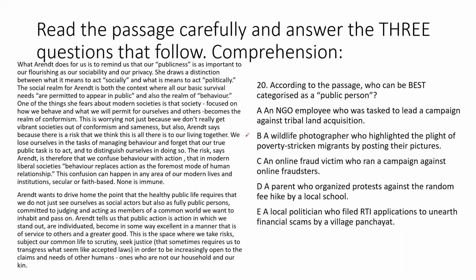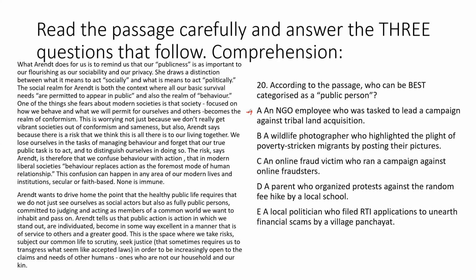The context says a public person is somebody who is working for the greater good of society, that is discussed in the second paragraph. So let's look at the options. Option A, an NGO employee who was tasked to lead a campaign against tribal land acquisition. Now here, this seems like a good option, so let's hold it for the time being.